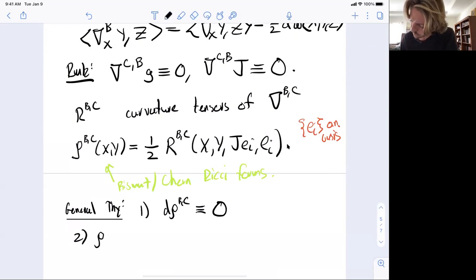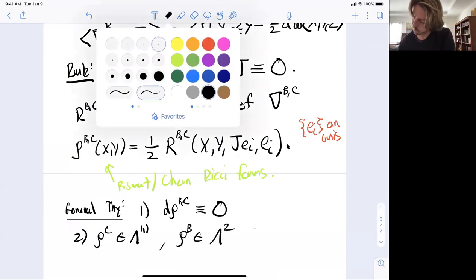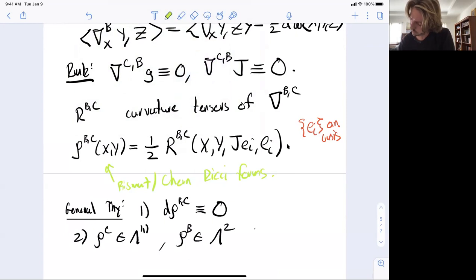The Chern Ricci is of type (1,1), but the Bismut Ricci, well, of course it can be, but it is not always (1,1). So it won't necessarily be of type (1,1).